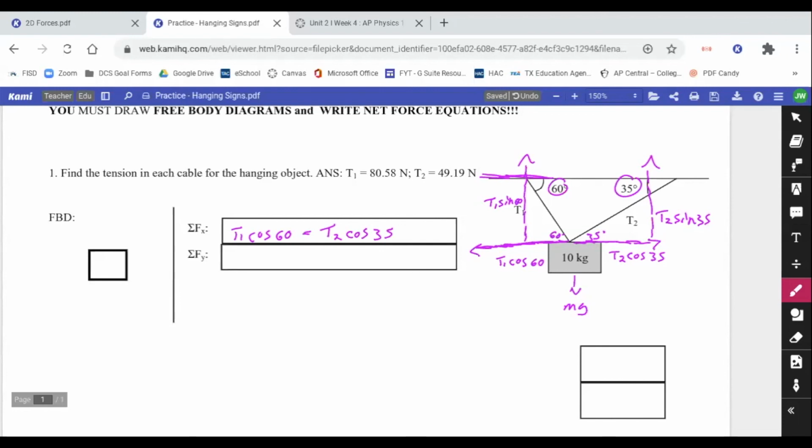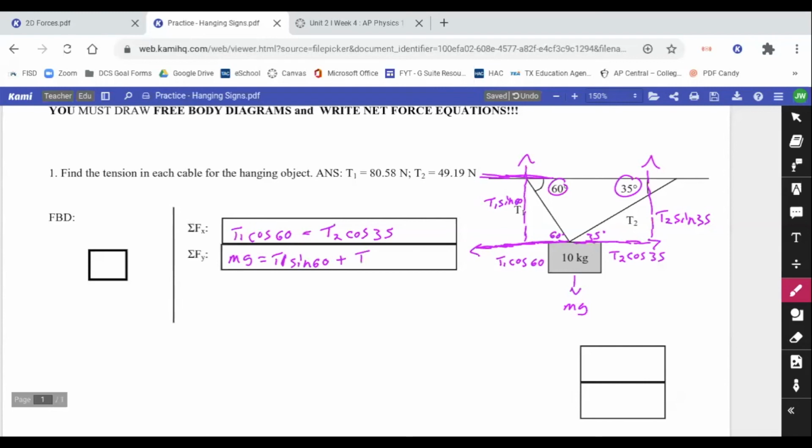They're balanced. In the y direction, the vertical, the up and down, the only force going down is mg. So mg is equal to all the forces pulling up, which I have T1 sine of 60 plus, I'm writing T1, I'm sorry, T2.